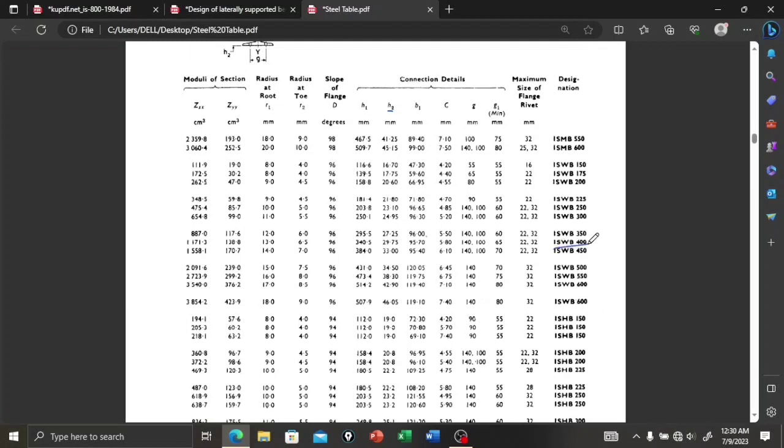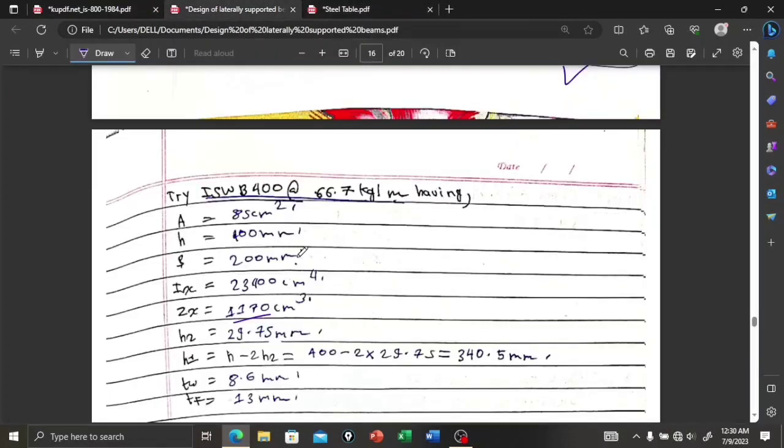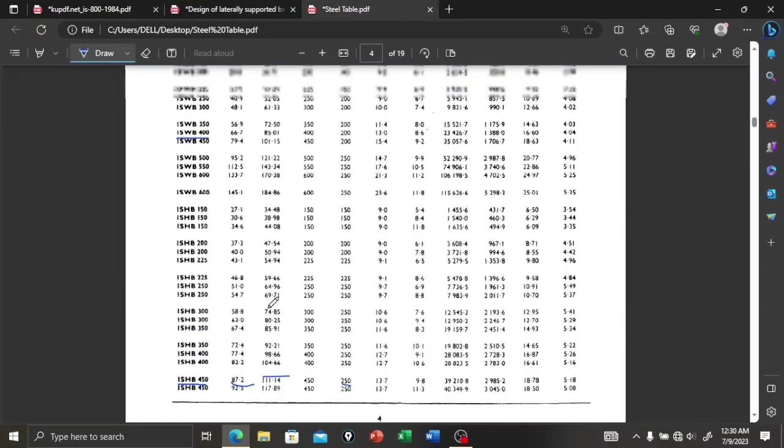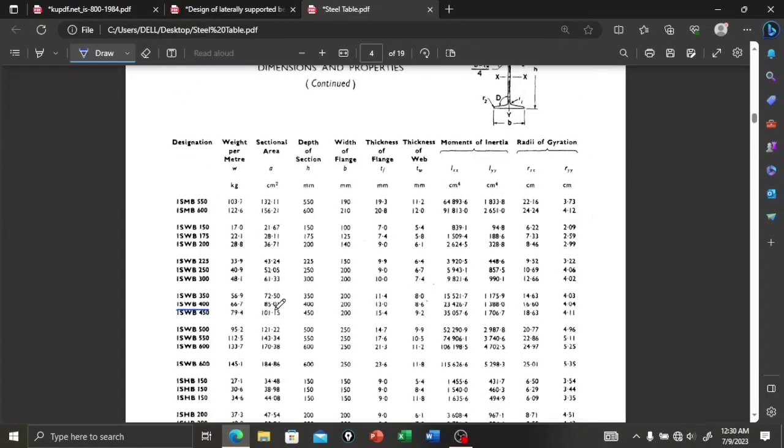ISWB 400. So Z is 1171.3, around 1170, and depth is 400. Area and B is 85 and 200.